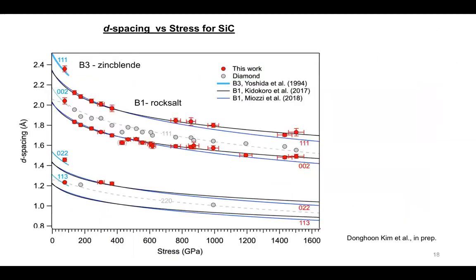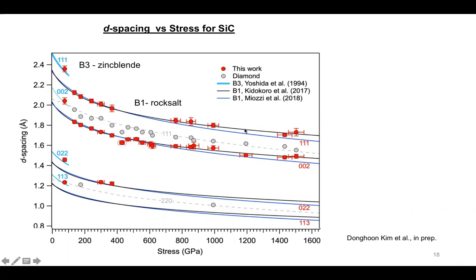And so from the measured d-spacing and the stresses, we can map out the dependence of d-spacing on stress as shown here. So again, we have one data point in the B3 structure, and then a pretty reasonably dense accumulation of data in the B1 structure.